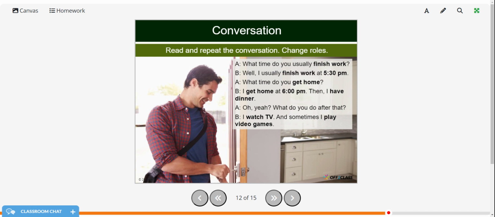All right, this time you'll be reading part A and I'll respond with part B. So go ahead with the first sentence. Well, I usually finish work at 5:30 p.m. I get home at 6 p.m., then I have dinner. I watch TV and sometimes I play video games.